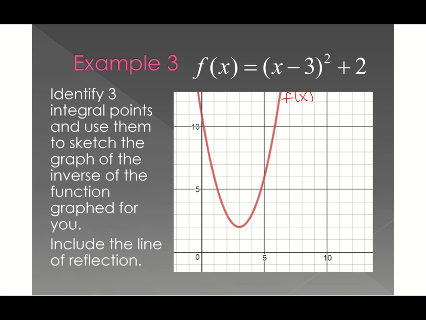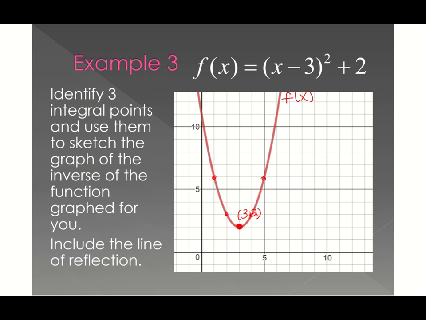And include the line of reflection. So if I look at my original, I have a nice point right here, and that point is at 3, 2. I have 2 points here I could choose. I have a point here and here. I just need to pick 3 total points. It doesn't matter which ones I choose.